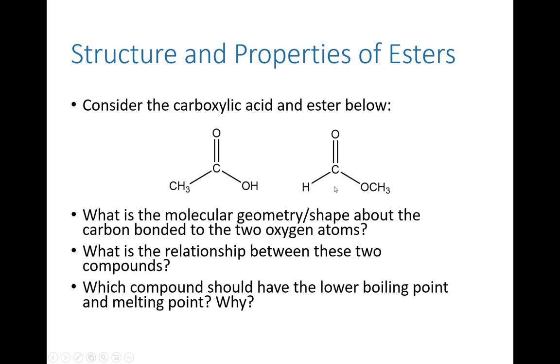But what about all their hydrogens? This hydrogen is bonded to carbon. These hydrogens are bonded to carbon. There are no hydrogens bonded to fluorine, oxygen, or nitrogen. So you're missing one of the two important components that you need in order for there to be hydrogen bonding. And so this compound cannot form hydrogen bonds. Its intermolecular forces are going to be weaker than for the carboxylic acid.